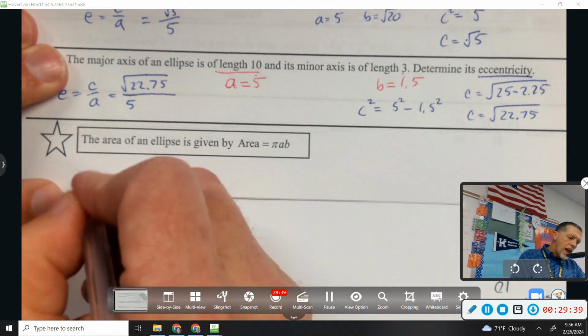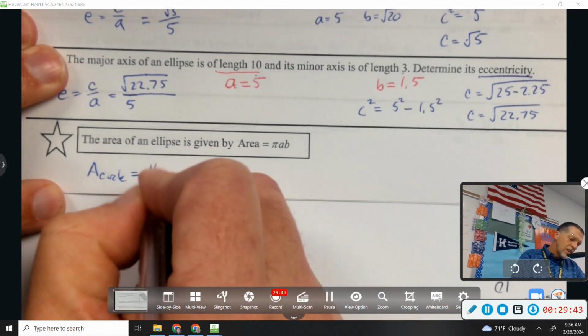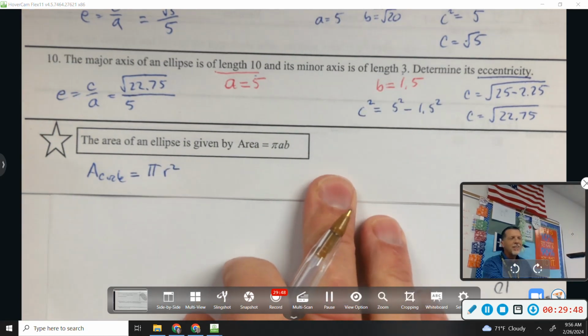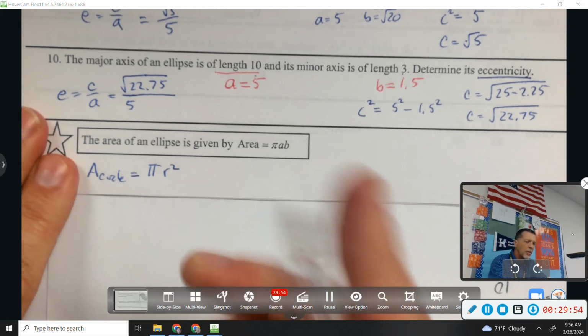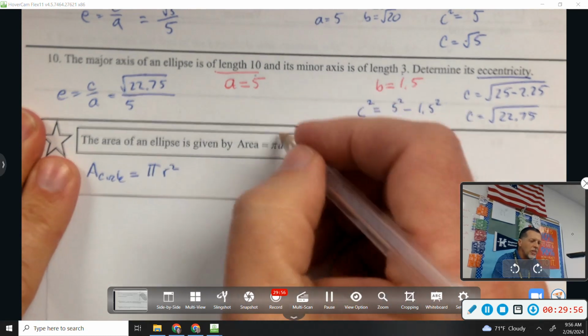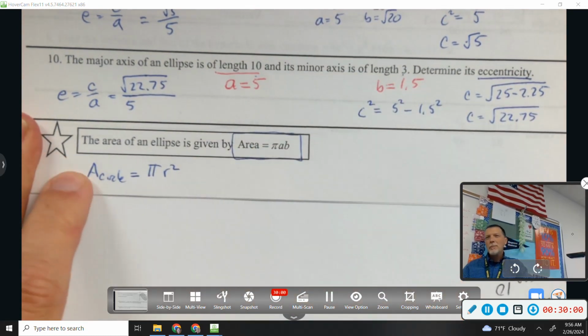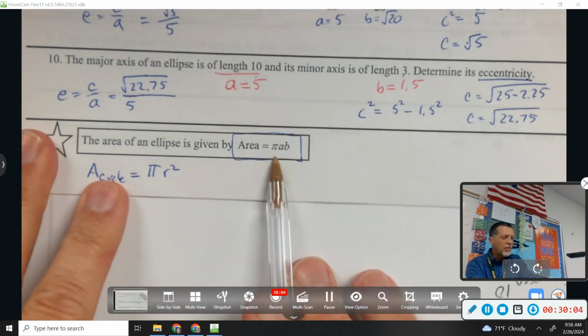Hey, what's the area of a circle? Pi r squared. And remember I said early on that A is sort of the long radius and B is the short radius, kinda. Well, that idea fits really well with the area of an ellipse because it's still pi times r but where the r's are different.